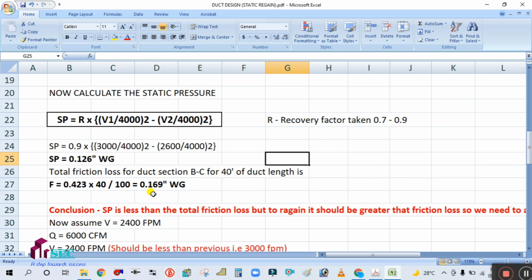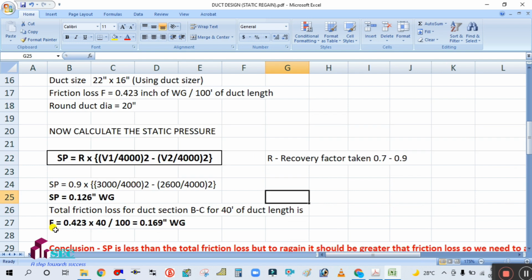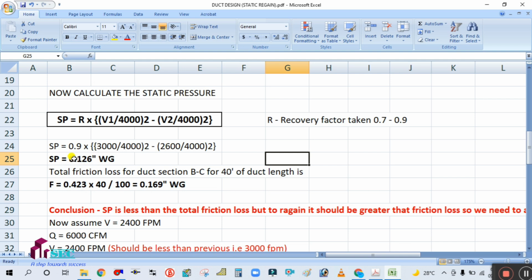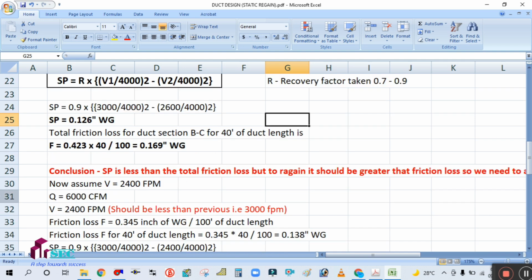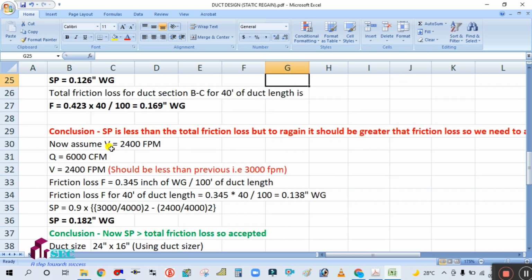You can see here the friction for the 40 feet, 0.169, is greater than the static pressure. That means this is not acceptable. In the static regain method, your static pressure should always be greater than the friction loss. So now we have to assume another velocity and check.